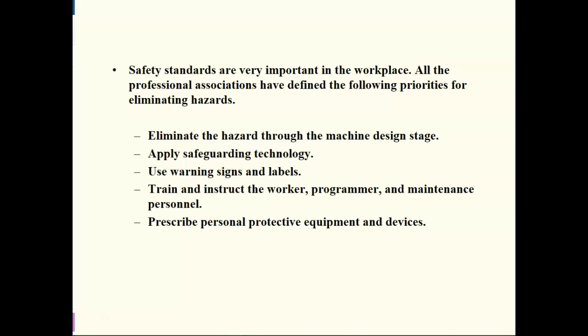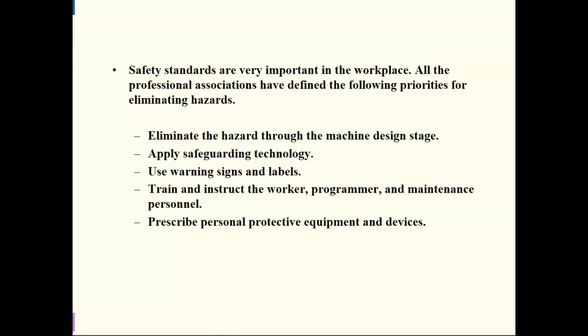Safety standards are very important in the workplace. All professional associations have defined the following priorities. Eliminate the hazard through the machine design. Apply safeguarding technology, warnings and labels. Train and instruct your workers of all types. And prescribe personal protective equipment and devices.